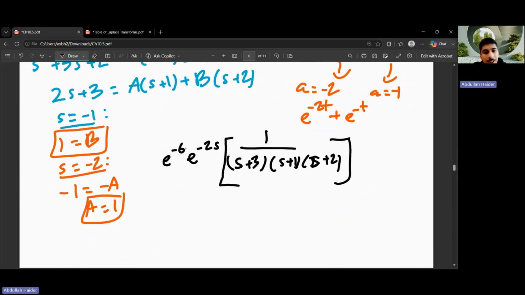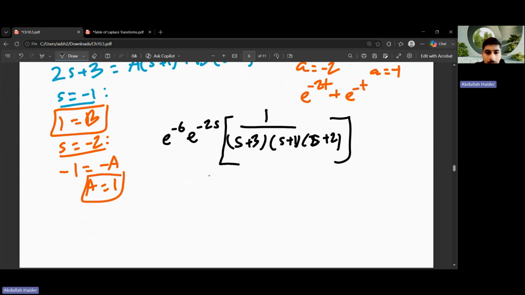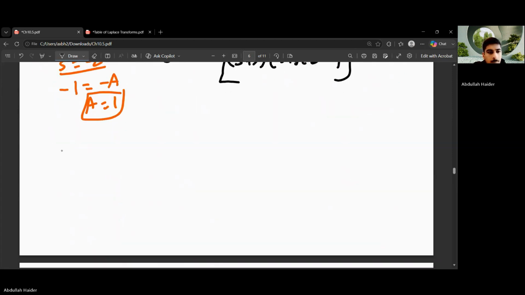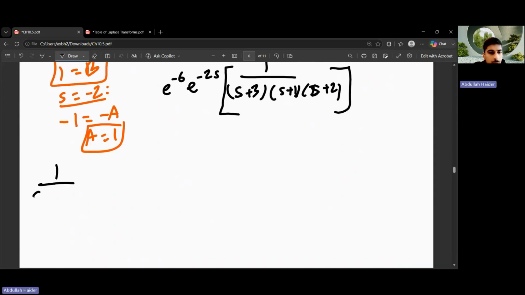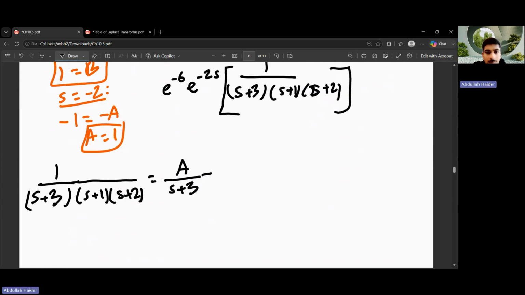As you can see here, you have an exponential, and you will be applying the transformation method. So this will be 1 over s plus 3, s plus 1, s plus 2 is a over s plus 3 plus b over s plus 1 plus c over s plus 2.